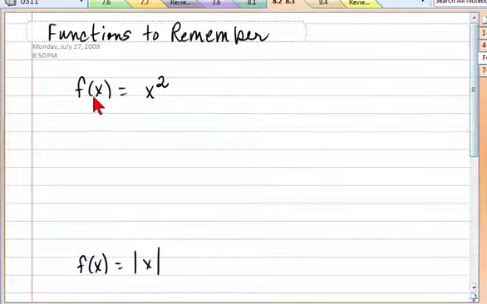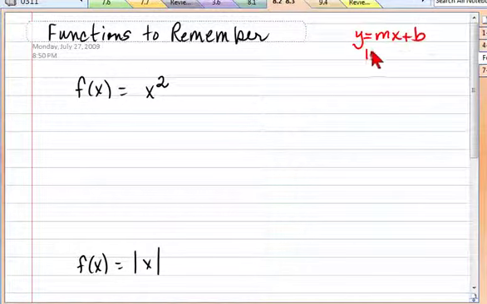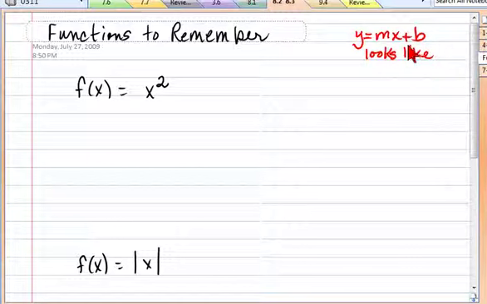If I said, what does y equals mx plus b look like? What's the shape of any graph that is y equals mx plus b?